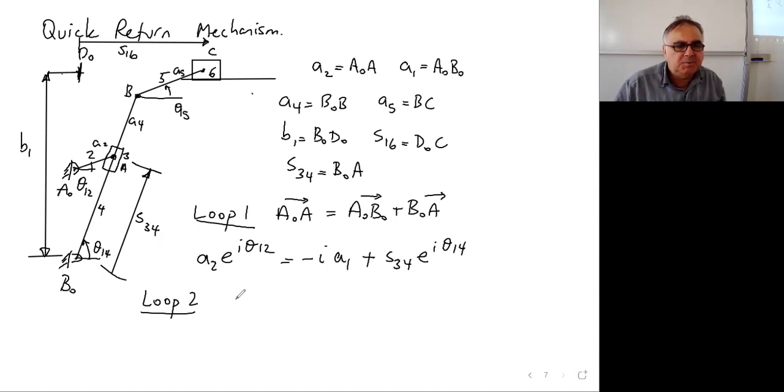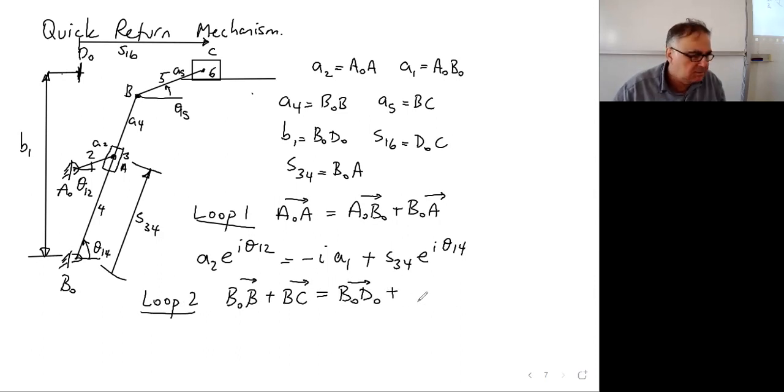Well, there are multiple ways of doing this. B0B plus BC is equal to, for example, this is one way, B0D0 plus B0C.